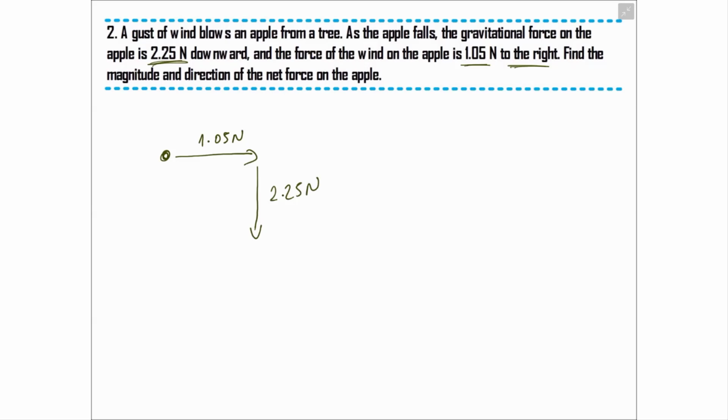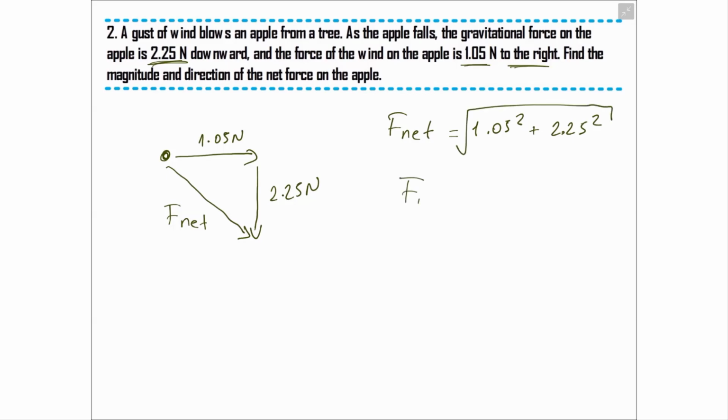And the question says calculate the net force, F net, and the direction of it. So F net equals the square root of 1.05 squared plus 2.25 squared. So F net will be 2.48 Newton. And we have to calculate also the direction. So this is the angle. We calculate direction from the inverse tangent formula.